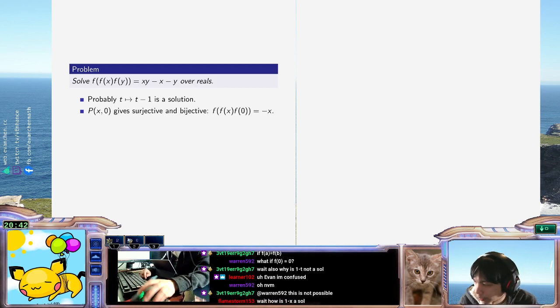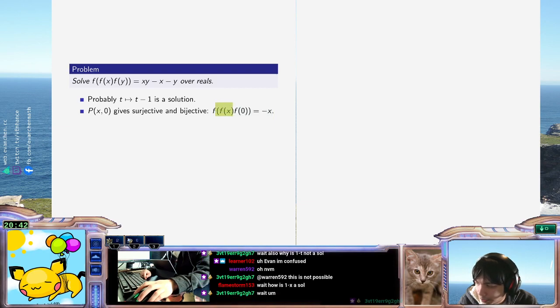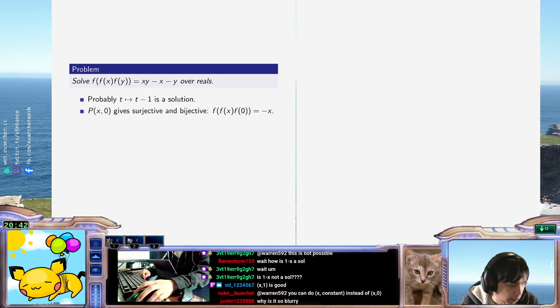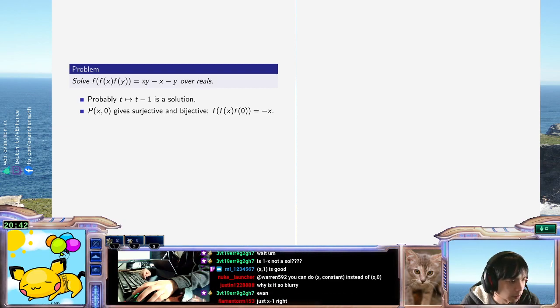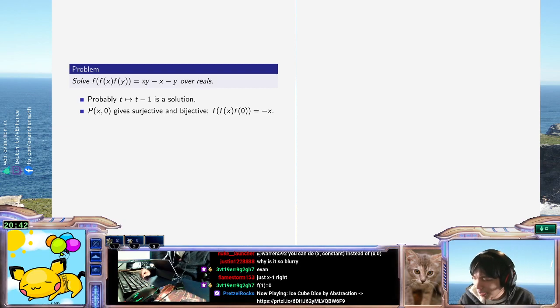What if f(0) equals 0? That doesn't matter. In fact, I think this should show f(0) is not 0. If f(a) equals f(b), then minus a equals minus b, full stop. I'm not dividing by 0 here. Is 1 minus x a solution? No, it's not, right?